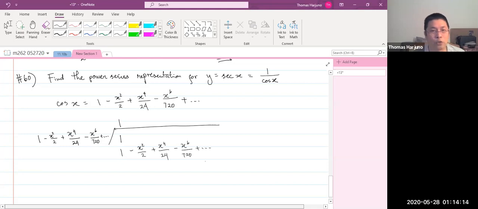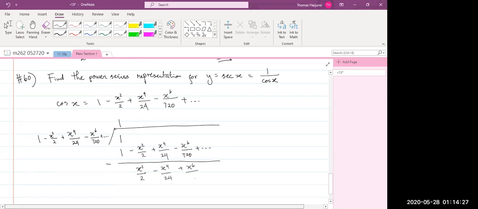And then when I subtract, I get x squared over 2 minus x to the 4 over 24 plus x to the 6 over 720 and on.